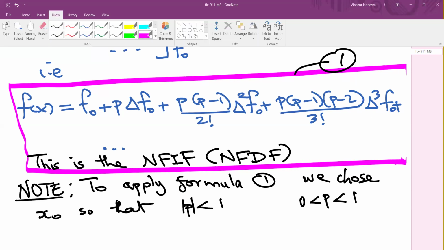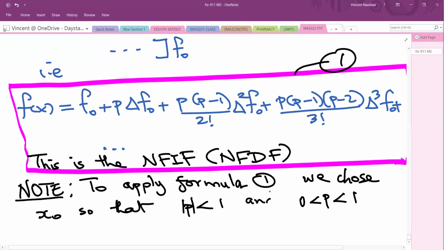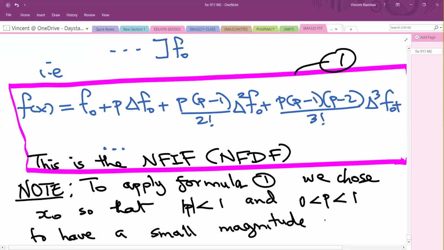And to have a small error in the computation, p should be between 0 and 1 to have a small magnitude of truncation error.